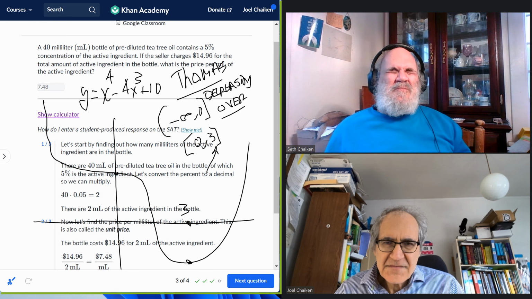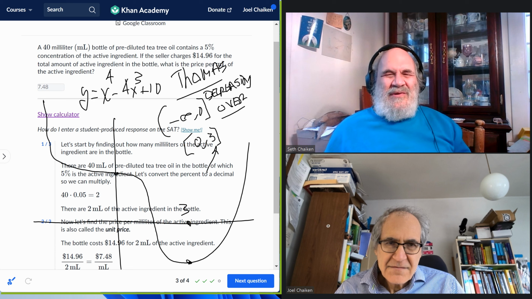Now, what Thomas did was answer for the maximal intervals, the largest intervals over which the function is decreasing on the one hand, and increasing on the other.